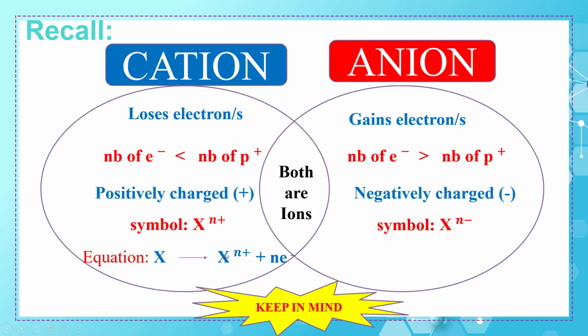After the arrow we put the symbol of the cation, which is Xn plus, plus ne minus, which is the number of the electrons lost. While in anion the equation is X plus ne minus, which is the number of the electrons gained, followed by an arrow, and finally the symbol of the anion Xn minus.